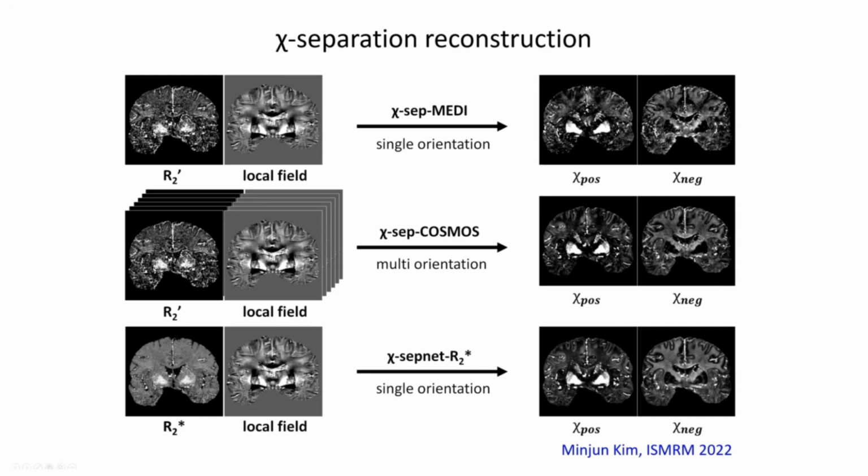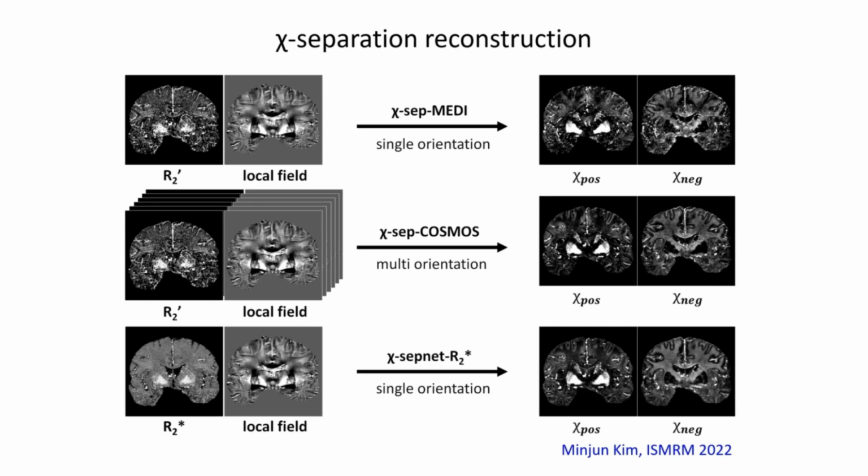It is a neural net with a tolerable range of errors, and it really depends on whether you accept the errors or not. But anyway, to a certain extent of errors, you can generate a high quality chi separation result that looks really nice, at least by eye.